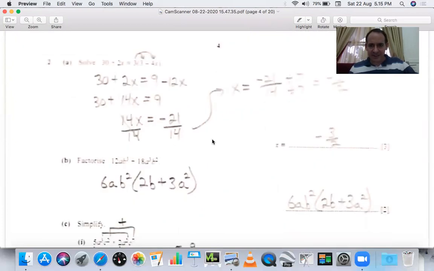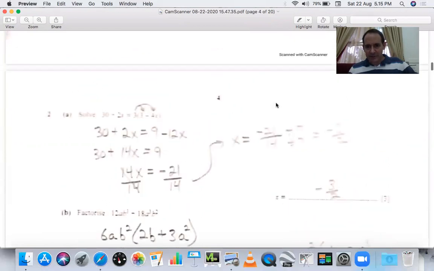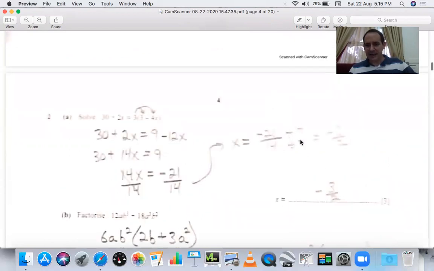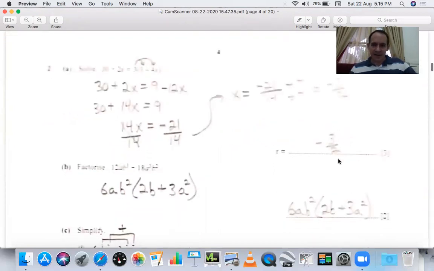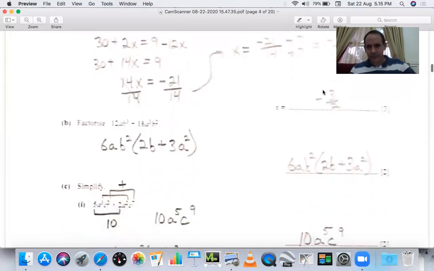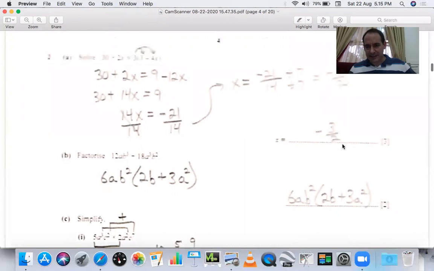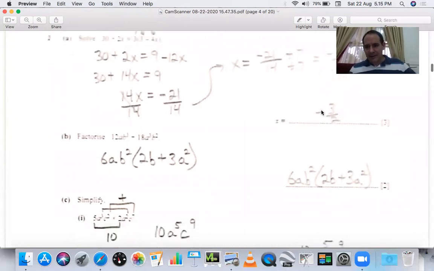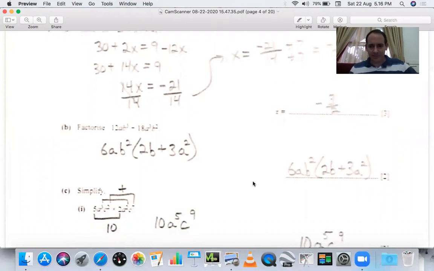Divide by the 14, and you end up with a negative 21 over 14, which is simplified by dividing top and bottom by 7. And then you get a negative 3/2 as your simplified answer. You can leave it as an improper fraction, which is no problem for higher math. So a negative 3/2, if you put a negative 1.5, that's okay as well.